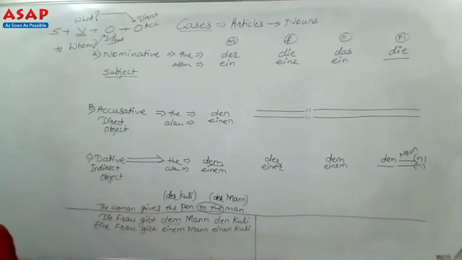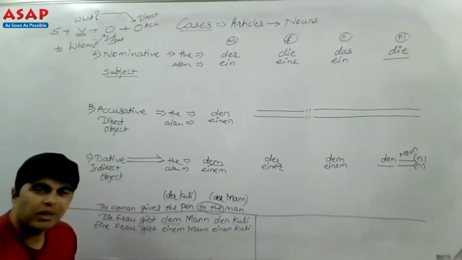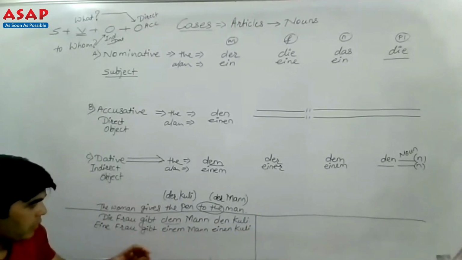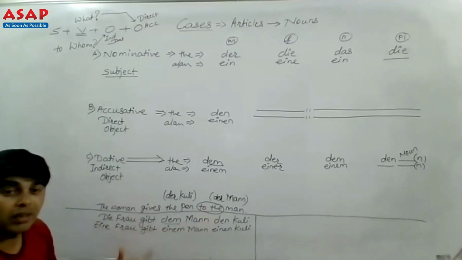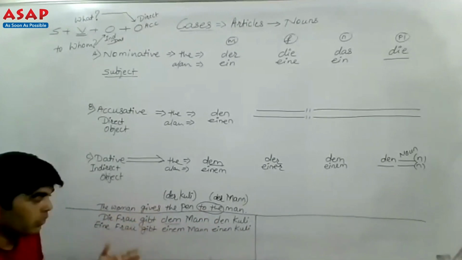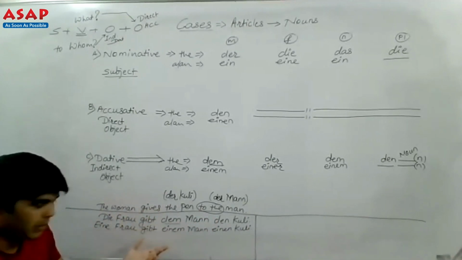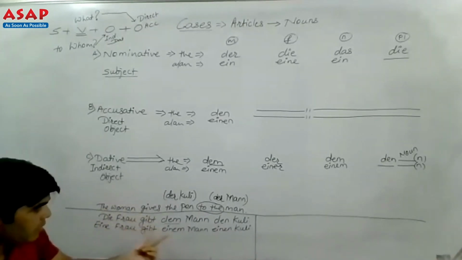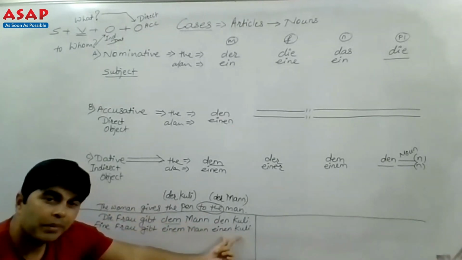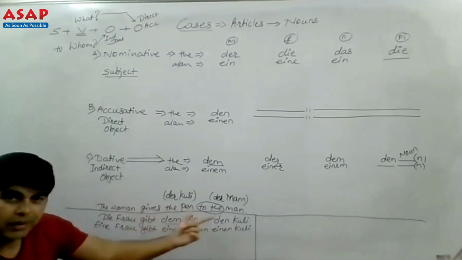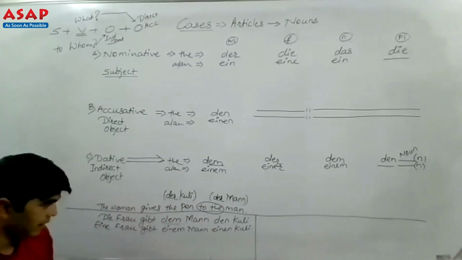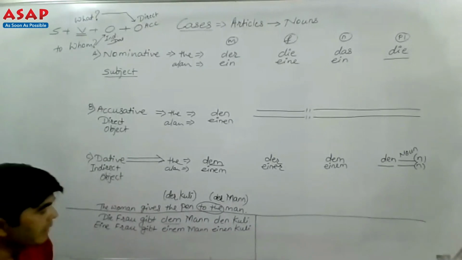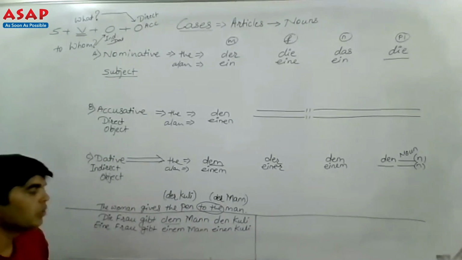Of course, but logically it sounds weird, right? What you should say is "the woman gives a pen to the man", or "the pen to a man", or anything. You have to use a mix of this. But you can say: die Frau gibt dem Mann einen Kuli. So that is up to you now. According to the situation, you need to decide that. So: eine Frau gibt einem Mann einen Kuli.